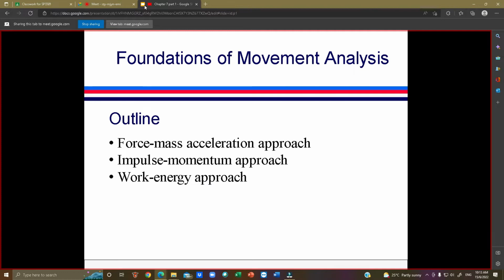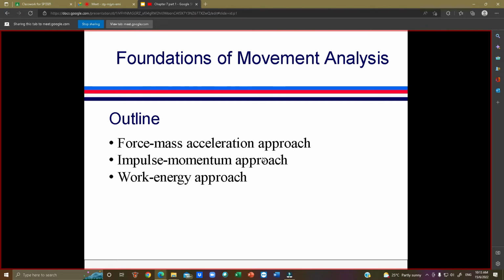All right. So underneath the foundation of movement analysis, we have three main approaches in order to explain performance. We have the force-mass-acceleration approach. This approach is based on Newton's second law. We have the impulse-momentum approach.